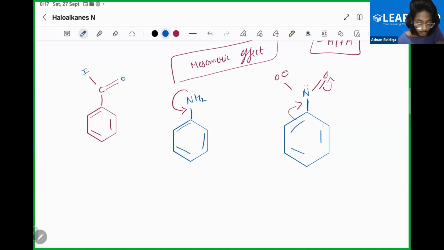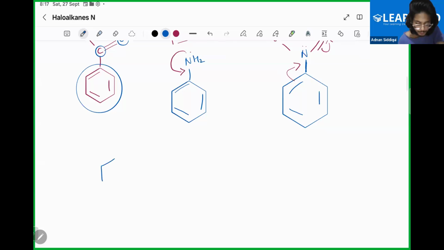Oxygen. So in this case, when a conjugated system is attached to an atom, which is again attached to a more electronegative atom, you are going to observe a minus M effect.